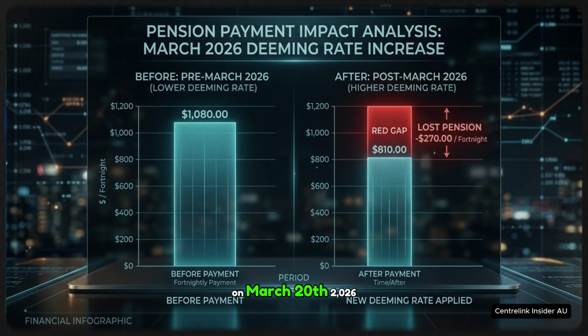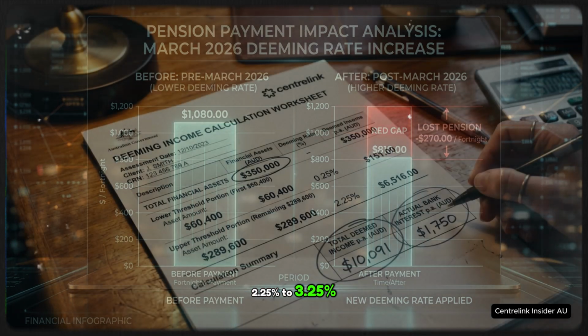On the 20th of March 2026, the federal government allowed Australia's social security deeming rate freeze to thaw, sending the lower deeming rate from 0.25% to 1.25%, and the upper rate from 2.25% to 3.25%.